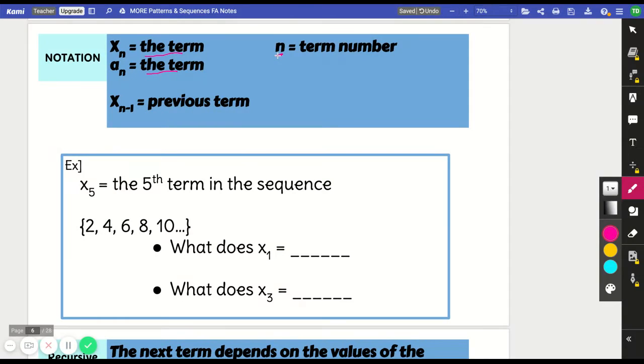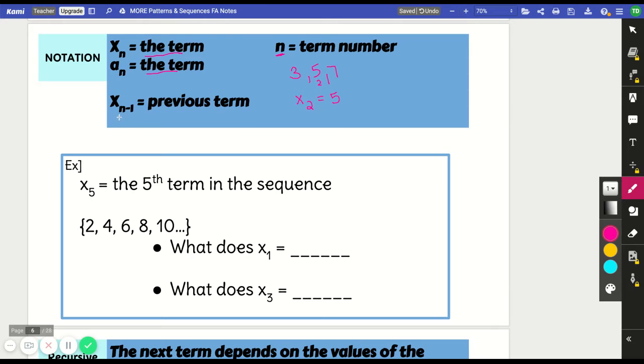And n symbolizes the term number. So if you were to see, we're doing 3, 5, 7, and you saw x sub 2, this is the second term. So that means x sub 2 is 5.